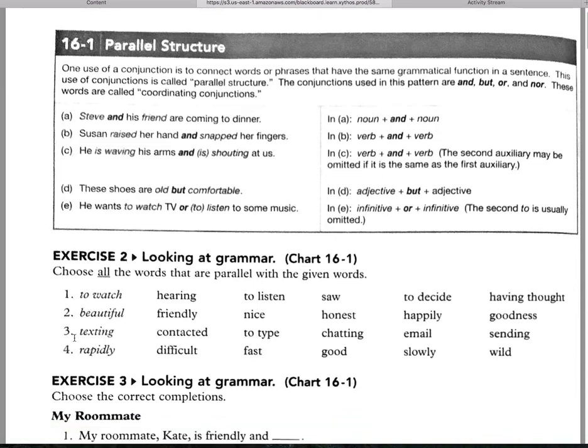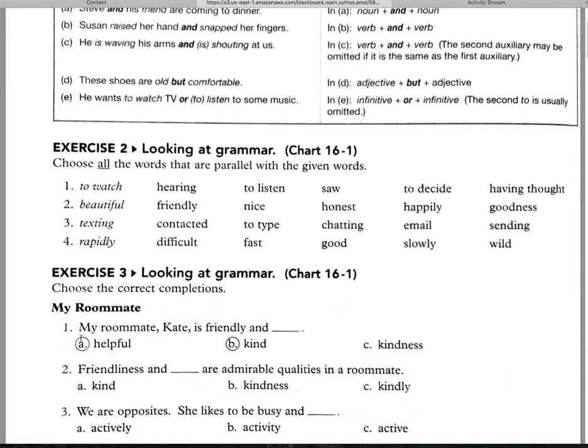Let's do number 2. Number 2, we have beautiful. What part of speech is beautiful? Adjective. So then now we're going to choose all the adjectives in the list. Is friendly an adjective? Yes.